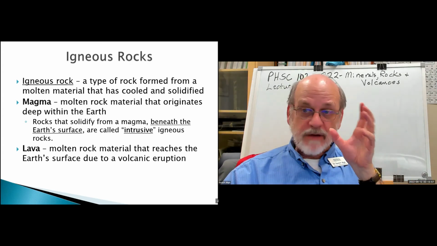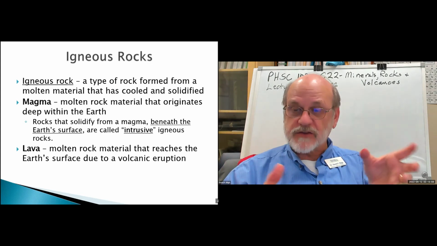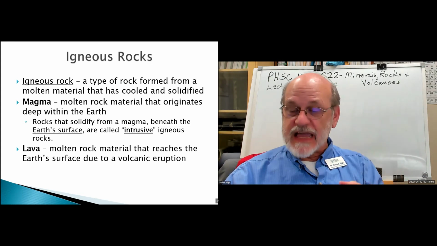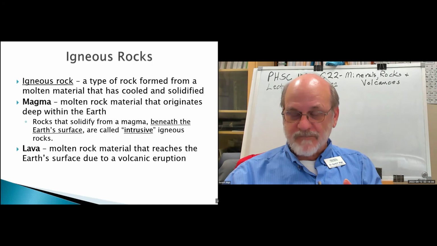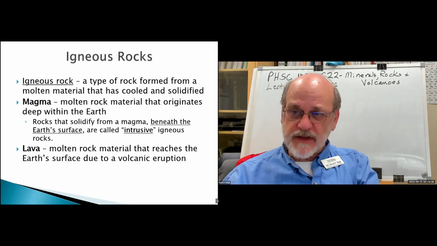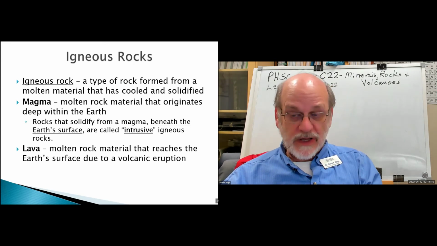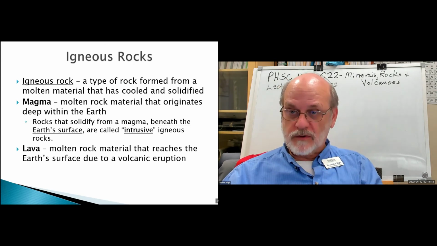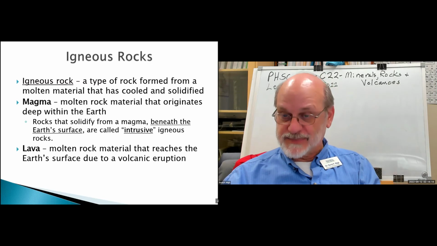So magma and lava might start out with exactly the same composition. But because magma cools underneath the earth, and usually a lot more slowly, it will form different mineral types.